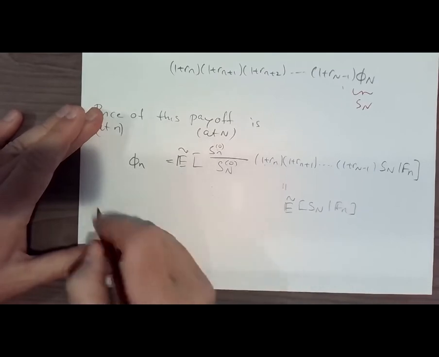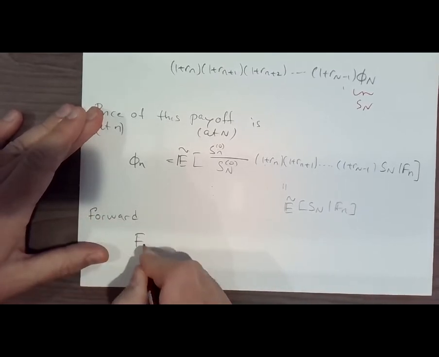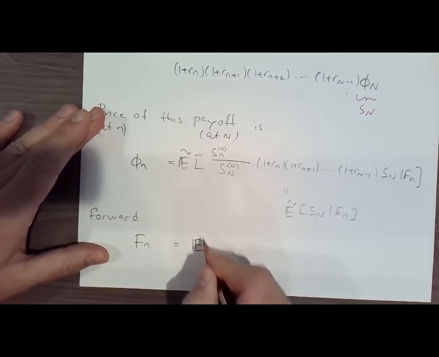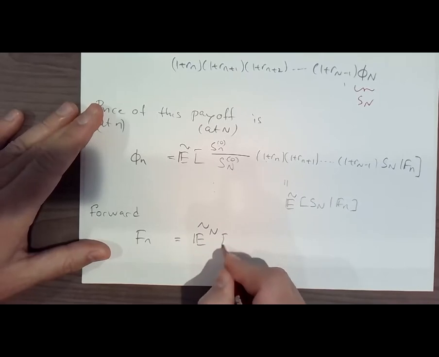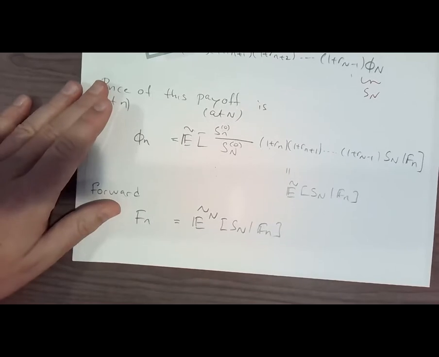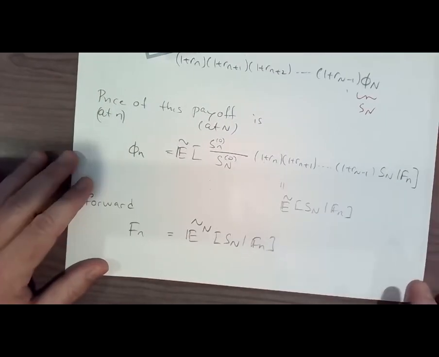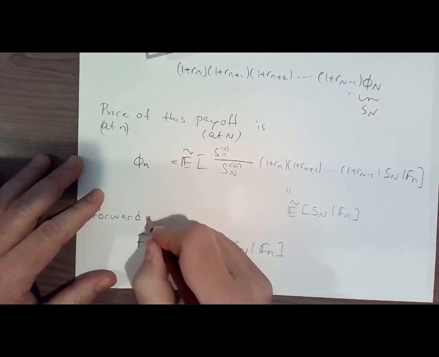Right, so we also had the forward. The forward Fn was equal to a conditional expectation, but not under the risk neutral measure, but under the forward measure, of Sn given Fn. So that's the forward price, right?